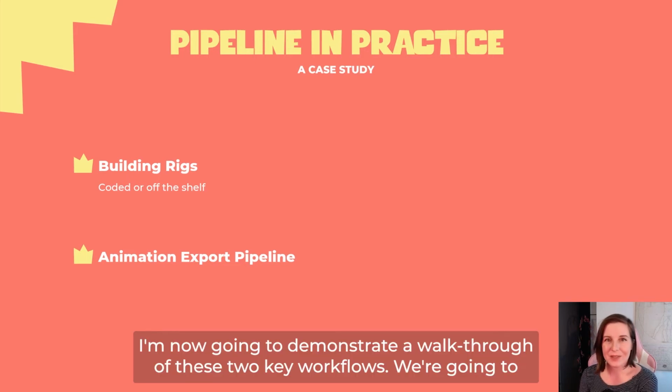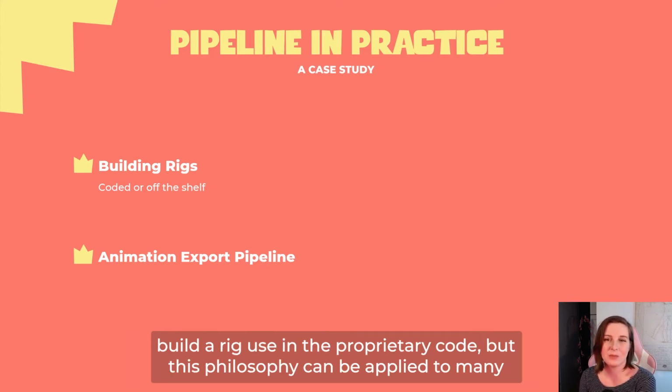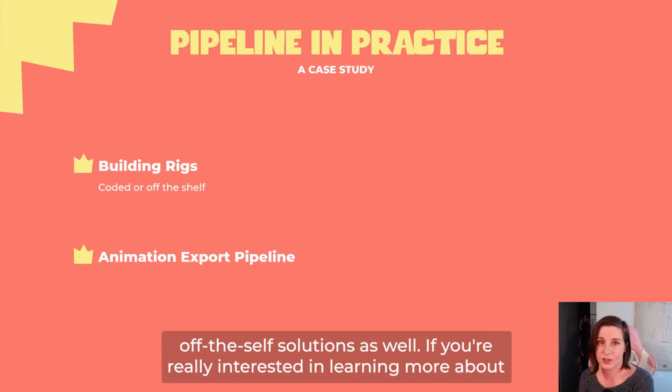I'm now going to demonstrate a walkthrough of these two key workflows. We're going to have a bit of a look at my top do and do nots when automating systems. Then we're going to build a rig using the proprietary code, but this philosophy can be applied to many off-the-shelf solutions as well.